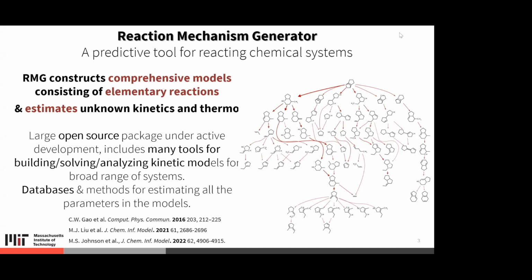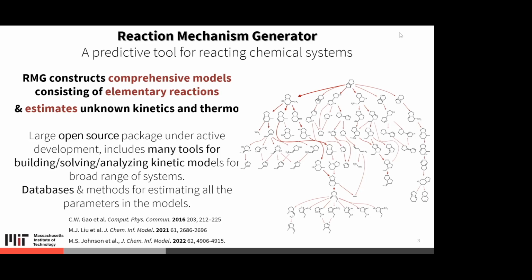In addition to building the model, the RMG software package includes a lot of tools that would be helpful to kinetic modelers. So, for example, tools for building, solving, and analyzing kinetic models for many different kinds of systems, and all kinds of databases and estimation methods to estimate all the numbers that are needed in these big models.